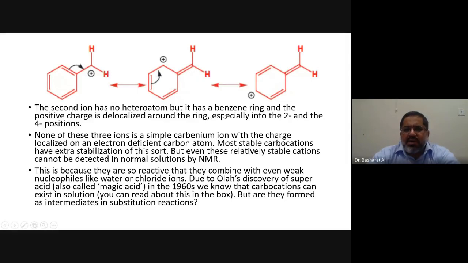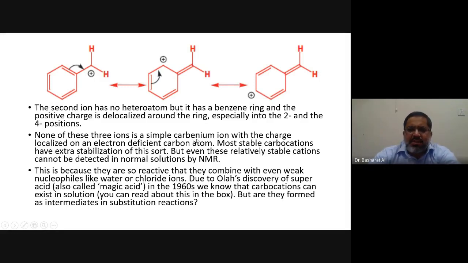The second ion has no heteroatom, but it has a benzene ring, and the positive charge is delocalized along the ring, especially into the 2 and the 4 positions. We know that this position is 1, 2, 3, 4, 5, 6, and we observe that due to delocalization of electrons, positive charge transfers to position 2 and position 4 of the phenyl ring.